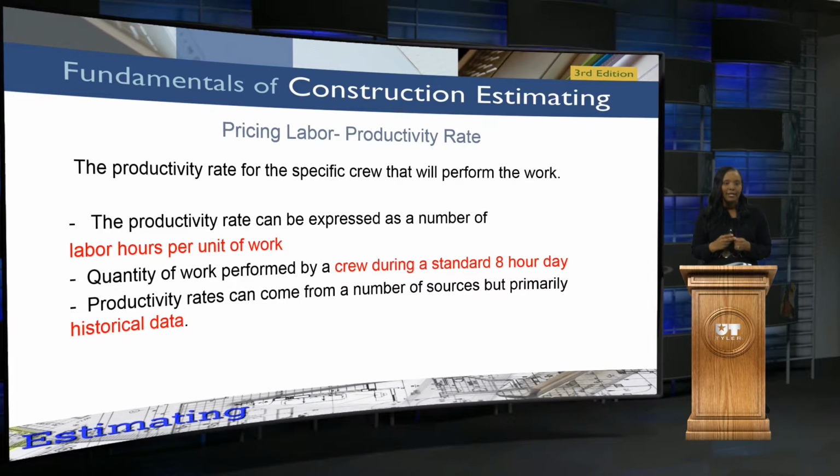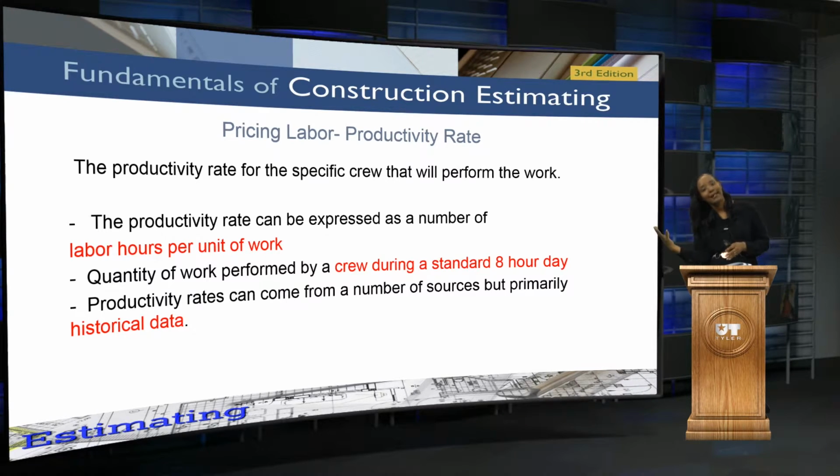Considering the productivity rate for a specific crew that will perform the work, there are a few things we need to consider. First, productivity rate can be expressed as a number of labor hours per unit of work, okay? Quantity of work performed by a crew doing a standard 8-hour day. So whenever we're looking at how long we're actually going to include, we're going to say that we have a typical crew working a standard 8-hour day.